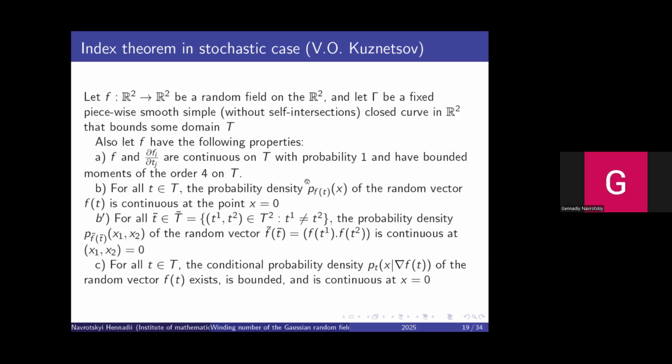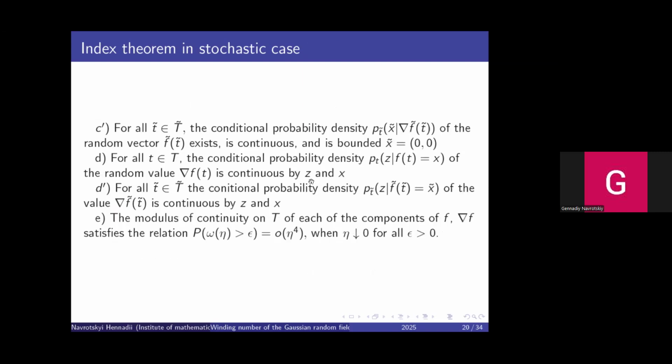This theorem was proved by Kuznetsov in 2015. It is a modification of the expectation meta theorem that can be found, for example, in the book by Adler and Taylor, Random Fields in Geometry.